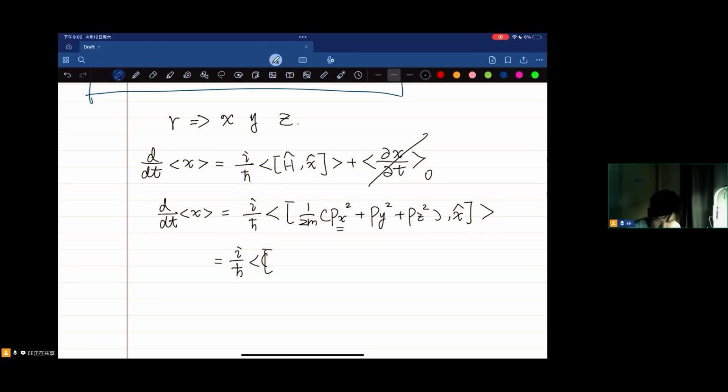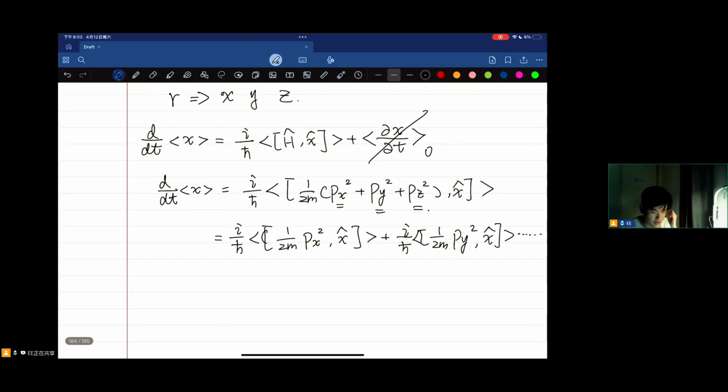px squared, py squared, and pz squared can be separated because they're added together. So we can write it down as this, and then plus the py squared commutator with x, and then we have another term, which is pz squared with x.